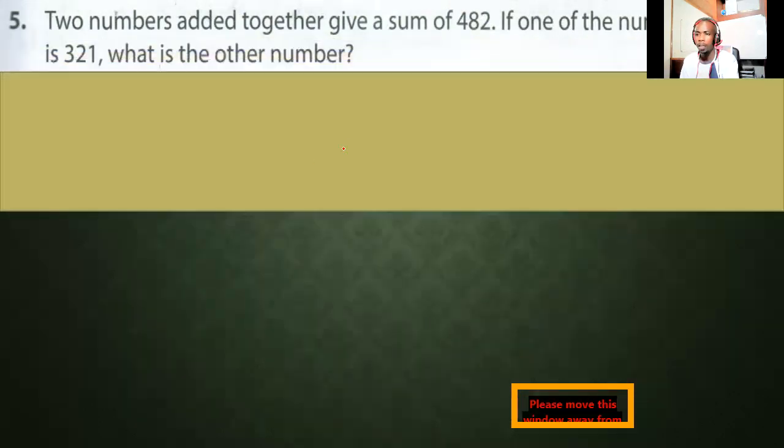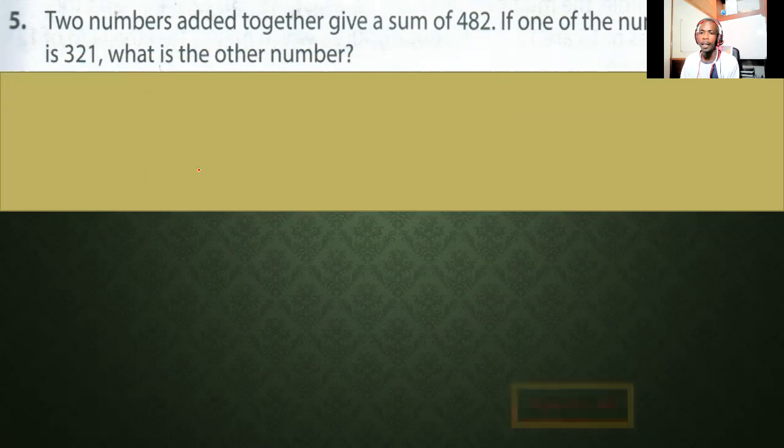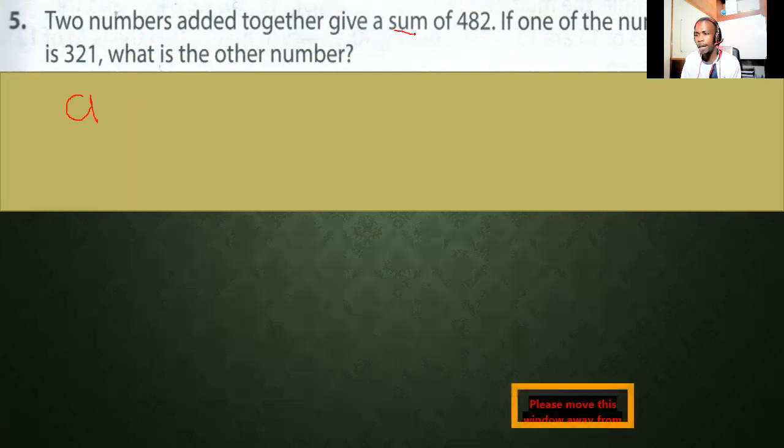Two numbers added together give a sum of 482, right? If one of the numbers is 321, what is the other? This one is very simple. Two numbers, you can call them A and B. The sum is to add, right?